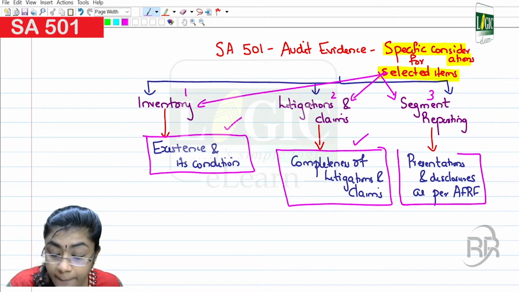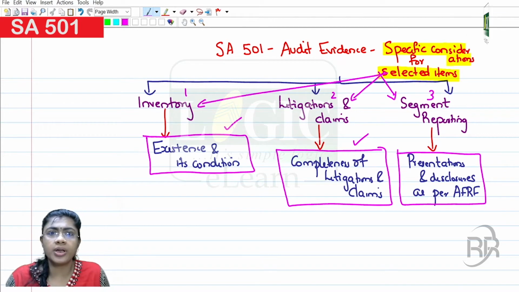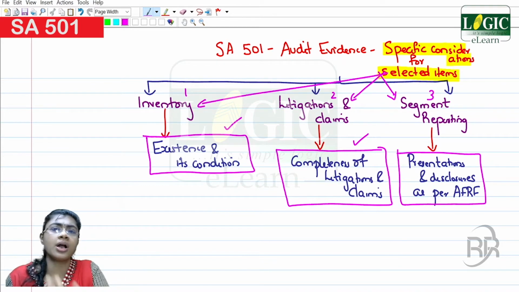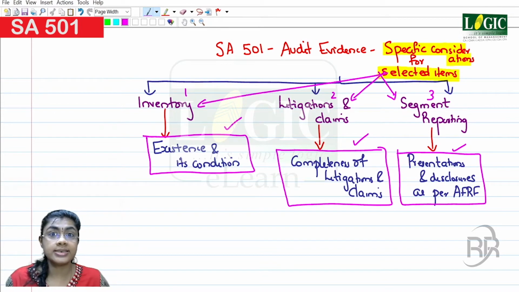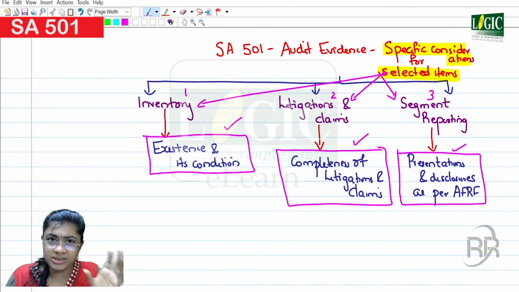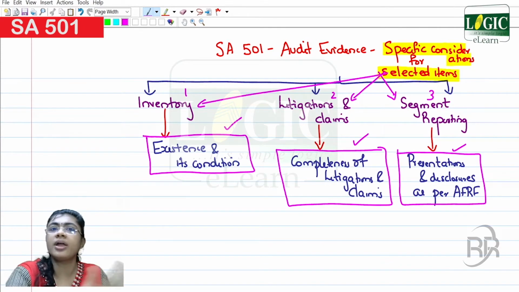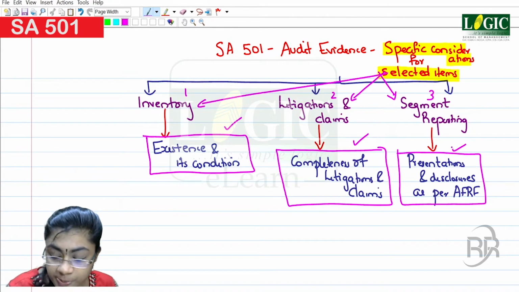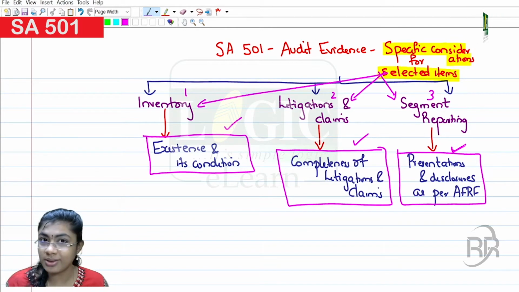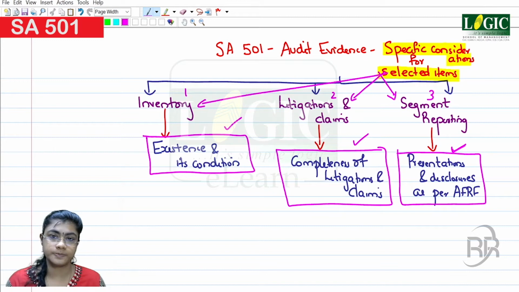Whether the presentation and disclosure of segment reporting is in accordance with your accounting standards. One thing you should understand, in SAs, they don't say specific AS or specific Ind AS. They generally say as per FRF. So this is the specific consideration with respect to the selected item of segment reporting.